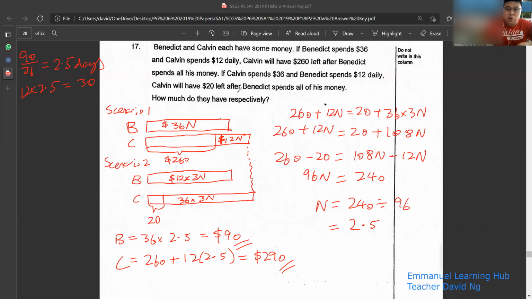So it's correct. Now if Kelvin spends $36 and Benedict spends $12 daily, so 90 divided by 12 is equal to 7.5 days.